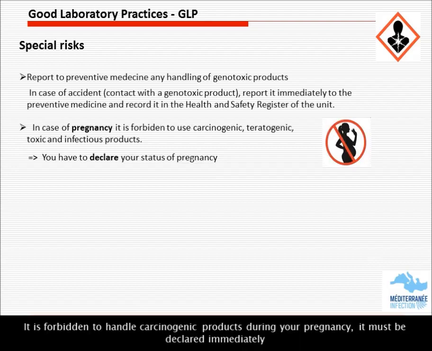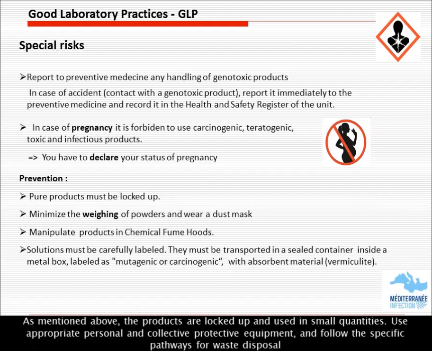It is forbidden to handle carcinogenic products during your pregnancy. It must be declared immediately. As mentioned above, the products are locked up and used in small quantities. Use appropriate personal and collective protective equipment, and follow the specific pathways for waste disposal.